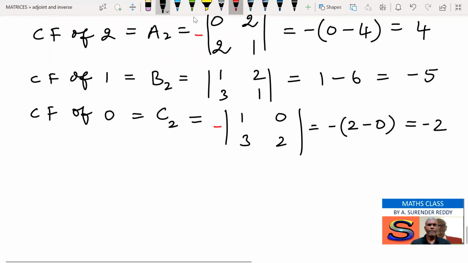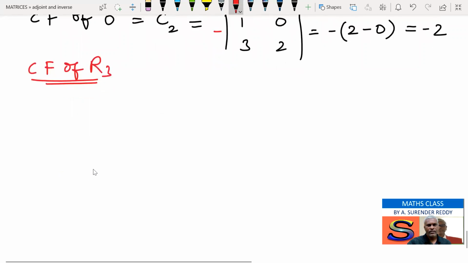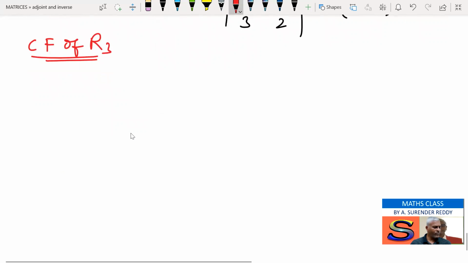Next, cofactors of the third row elements. Similarly, you can find them; if you practice, you will be very familiar with these cofactors.